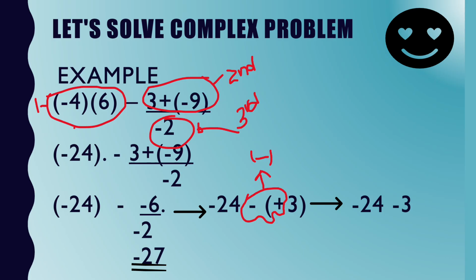Remember, this means multiply. What is the answer when you multiply different signs together? The answer is always minus. So minus multiplied by plus, the answer is minus.